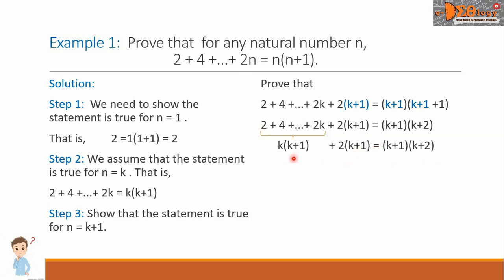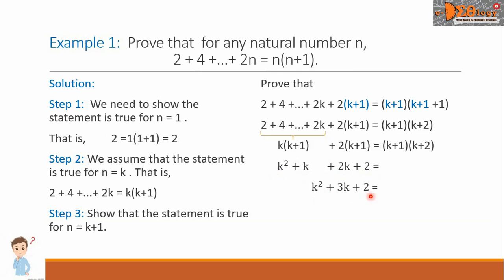The k times the quantity k plus 1 now becomes k squared plus k. This expression here becomes 2k plus 2. Let us combine similar terms of the left side. This k plus 2k becomes 3k. So the left side now becomes k squared plus 3k plus 2.